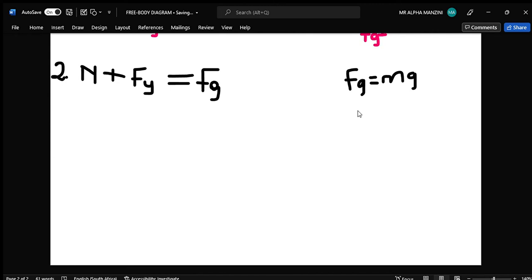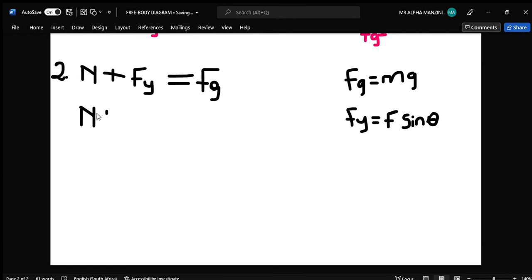So let's not forget that Fy is equal to F sine theta. Okay, since we're looking for normal force, so here is our normal force.